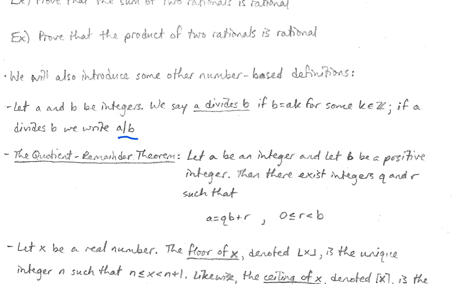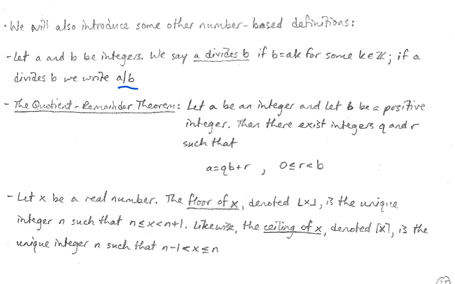And this r has the property that it's greater than or equal to 0, and it's strictly less than b. Now this quotient remainder theorem isn't a massive thing that pops up in this course, so this is just something I want to show you. If you go on to take elementary number theory, then you'll see that coming up more in that course.